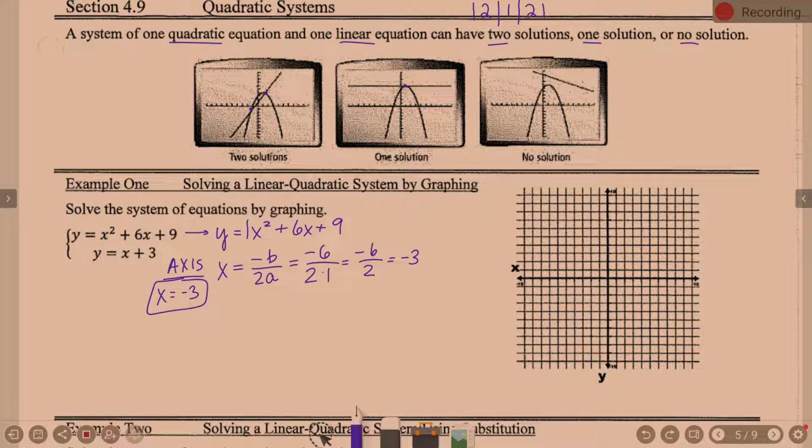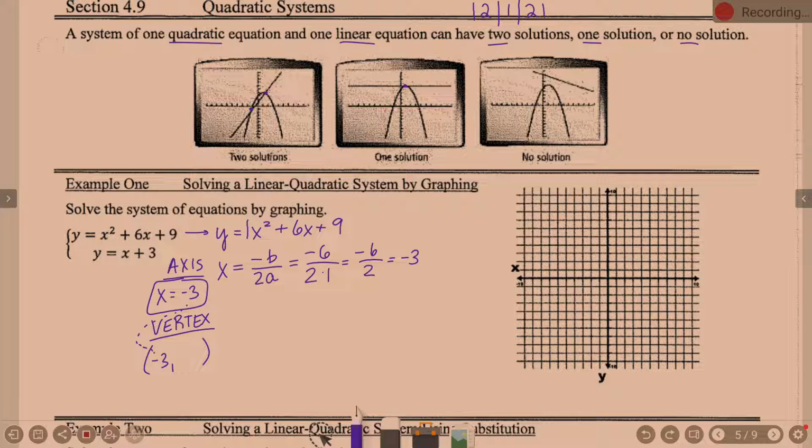Then, what do we use that axis of symmetry to find? Plug it in, and it's going to help me find my vertex. I hope this sounds a little familiar, folks. Right now, I know my vertex is negative 3 comma something, because the axis of symmetry is that first number in the vertex, right?